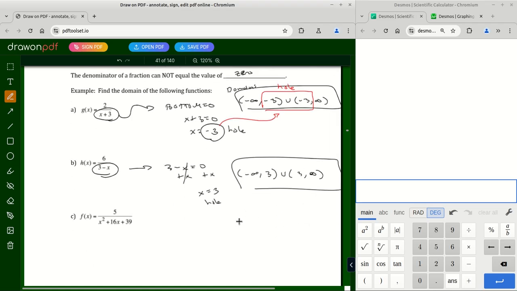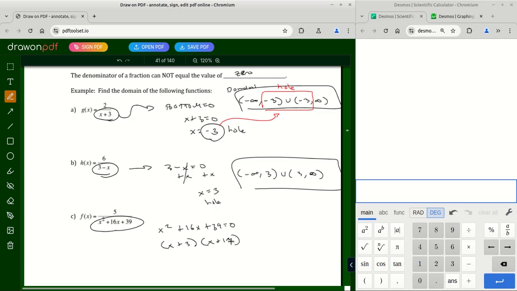Until you get to this one. So, do I have division? Yes. Bottom equals 0. What I need to do is factor this guy. So when I factor it, I'm saying what two numbers add up to 16 but multiply to 39? Isn't that like 3 times 13 or something? Boom. 3 and 13.